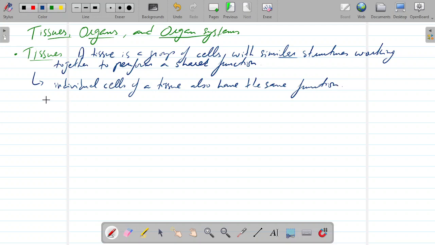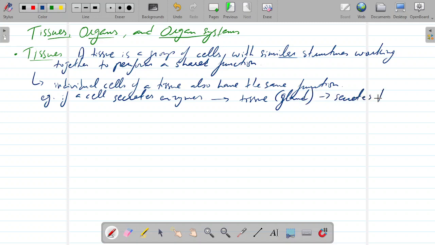That means, for example, if the function of a cell is to secrete enzymes, then a group of them comes together to form a tissue, which will be a gland, which secretes the same enzyme, but obviously in much larger quantities.